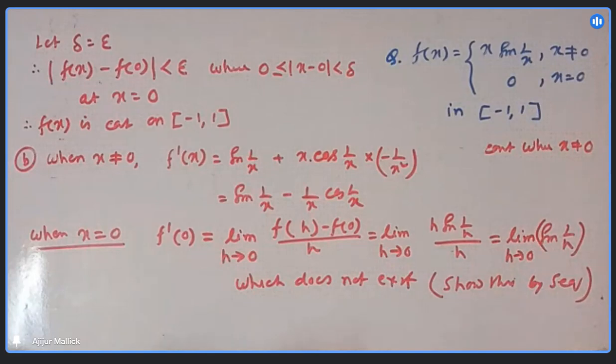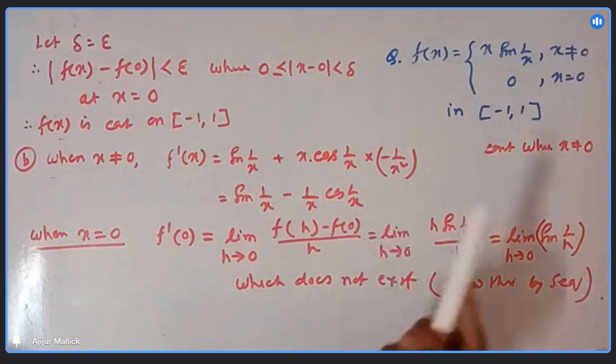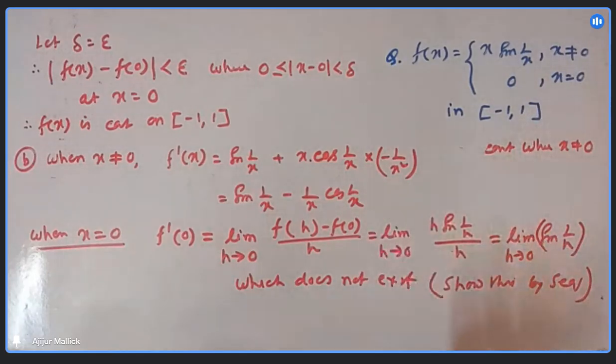So therefore, there is a point at which the derivative does not exist. So what does it mean? That means f(x) does not satisfy the conditions of LMVT.